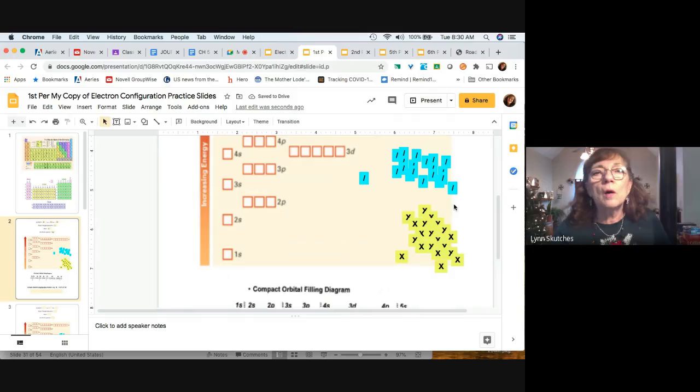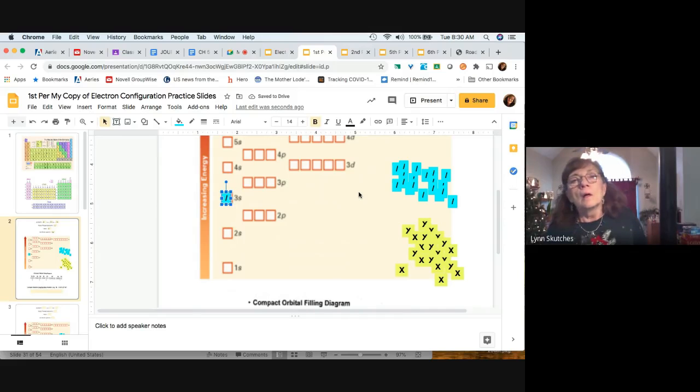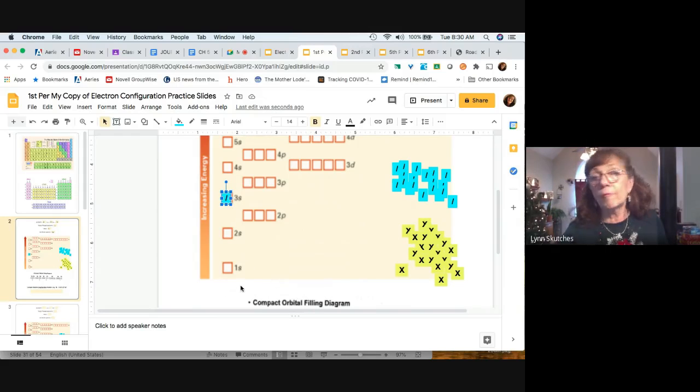Okay, so I know that aluminum's last electron goes here. So I'm going to take a slash and drag it over. I know that because of Aufbau, these all have to be filled.